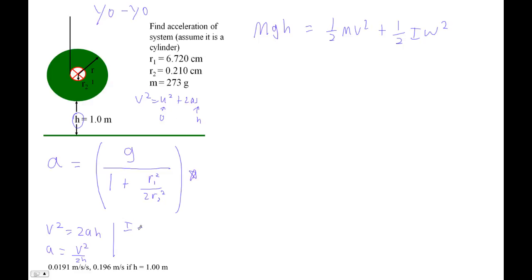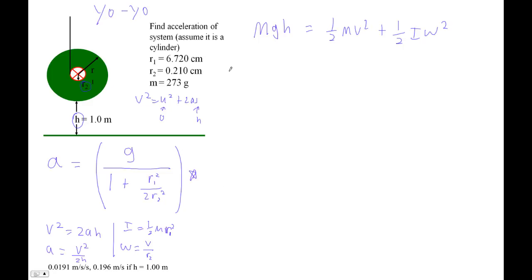I'm going to assume the moment of inertia is 1/2 m r squared, and that omega is the linear velocity divided by, in this case, the small radius that the string is wrapped around. So this is R1, and this is R2. That will matter here in a moment.